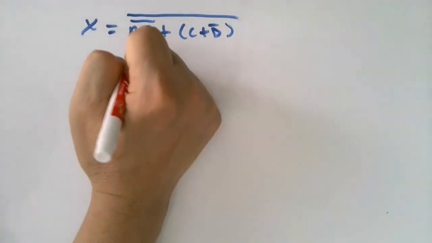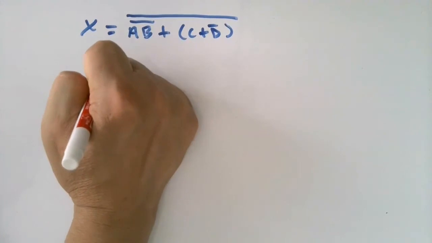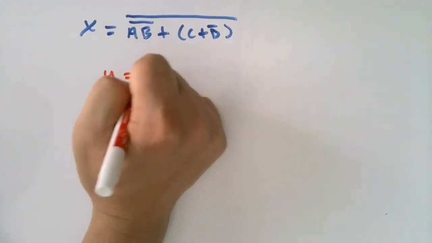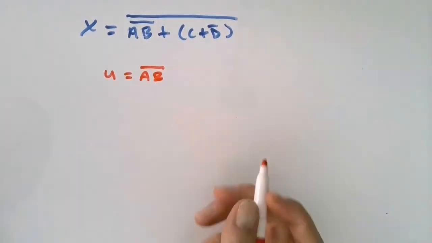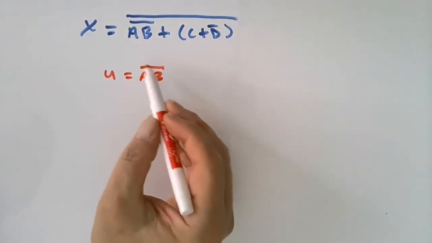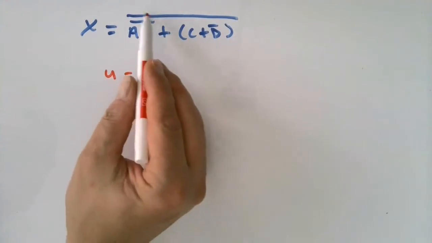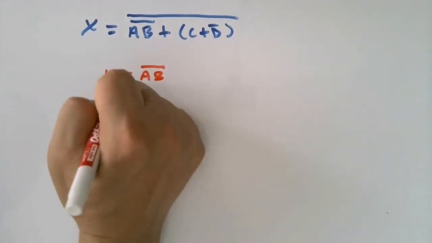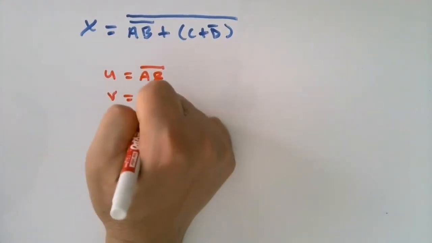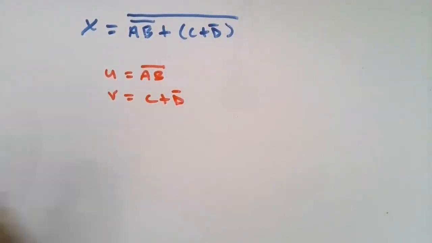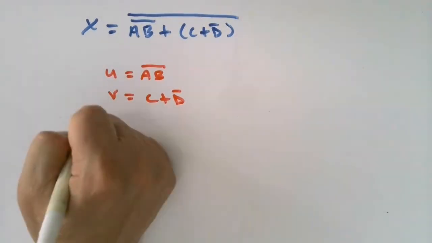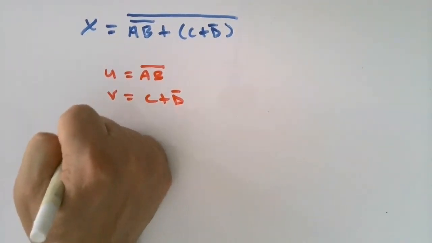Okay, I'm going to identify these other terms here. We're going to define U as equaling A, B, not. The reason I'm including the not is because it's part of this whole term here. And we're going to say V equals C or D not. Now we're going to write this in terms of X with a substitution.